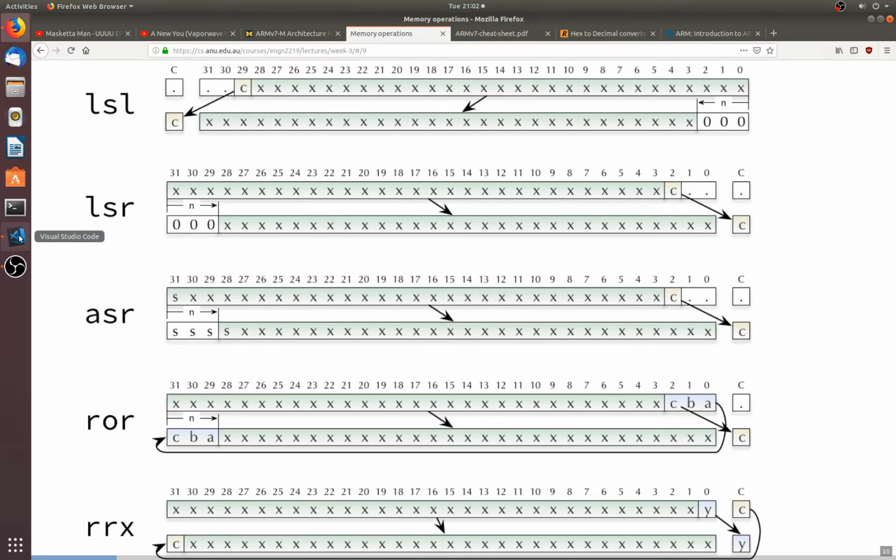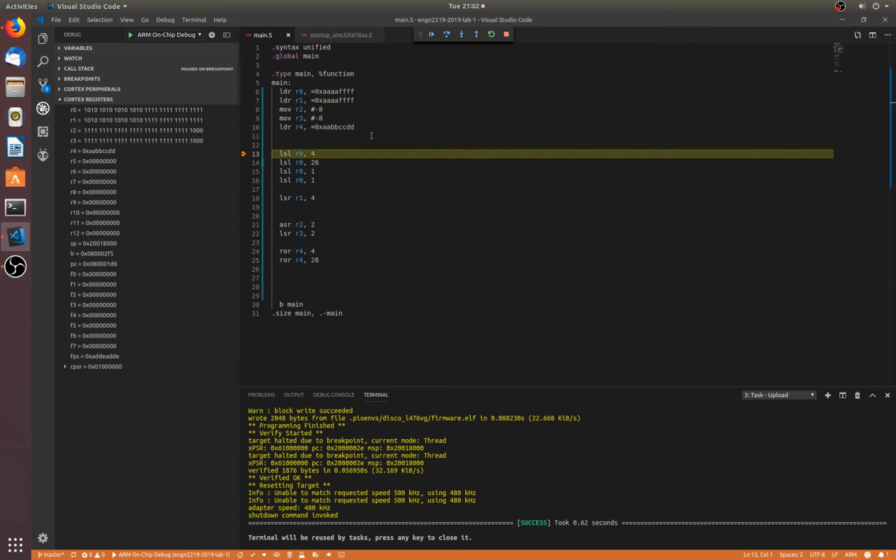Alright, time for some examples. Okay, so what do we have here? Here's one I cooked earlier. At the start of the code, we're loading and moving some constant values into registers. You may be wondering what these load instructions are doing. Essentially, they're just a move instruction for a big number.